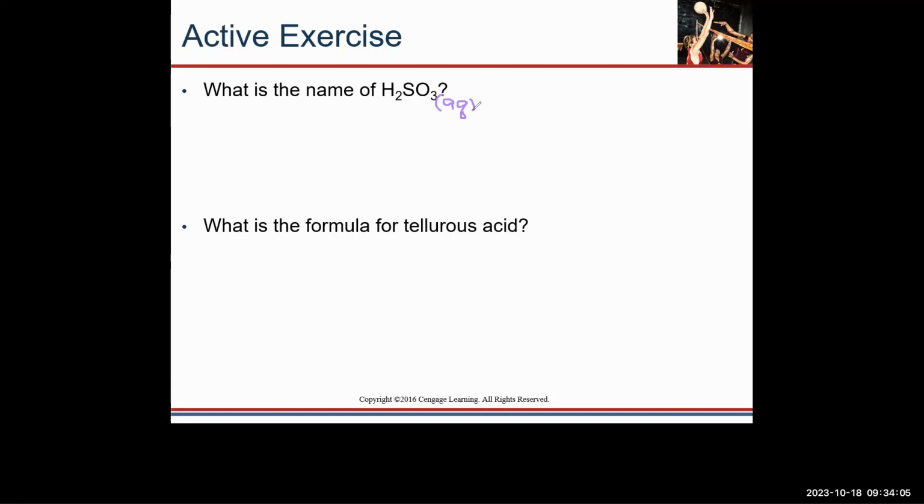Sulfurous acid. Yep. Okay. What will be the formula of tellurous acid? H2TeO3. Okay.